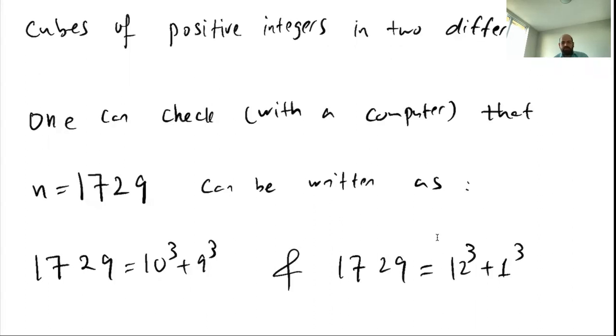So sum of two cubes in two different ways. One time 10 cube plus 9 cube, another time 12 cube plus 1 cube.